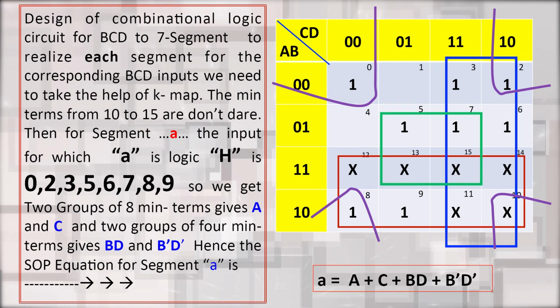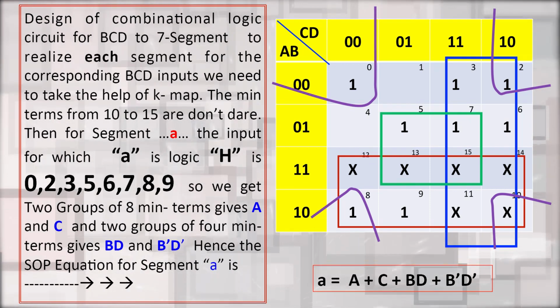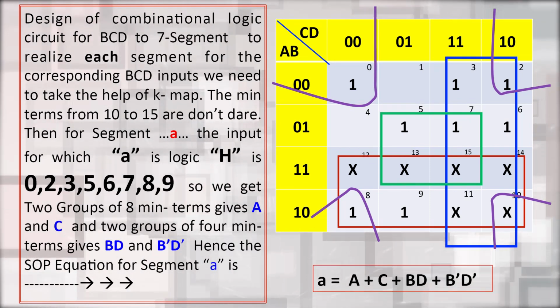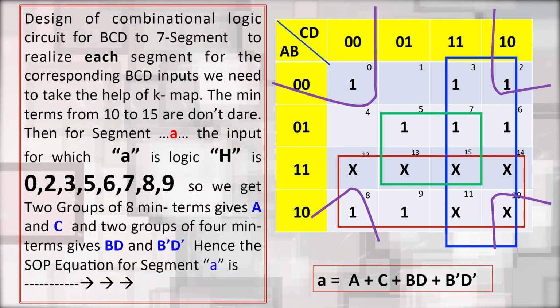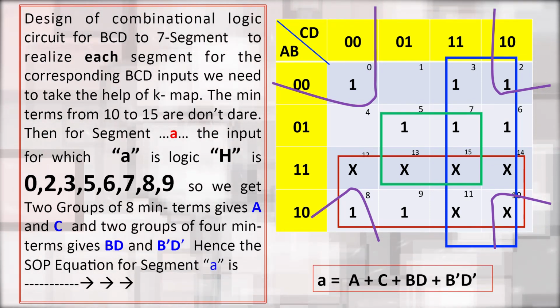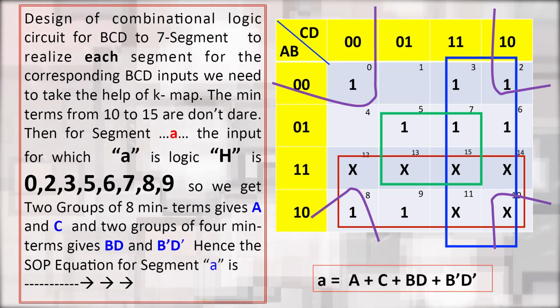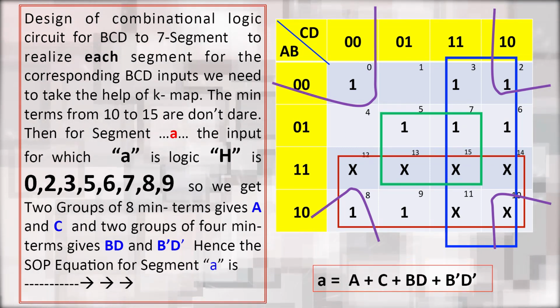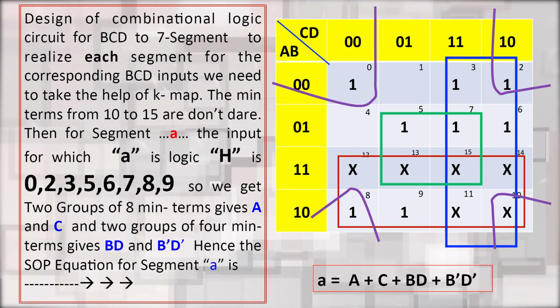Then for segment a, the inputs for which a is logic high are 0, 2, 3, 5, 6, 7, 8, 9.